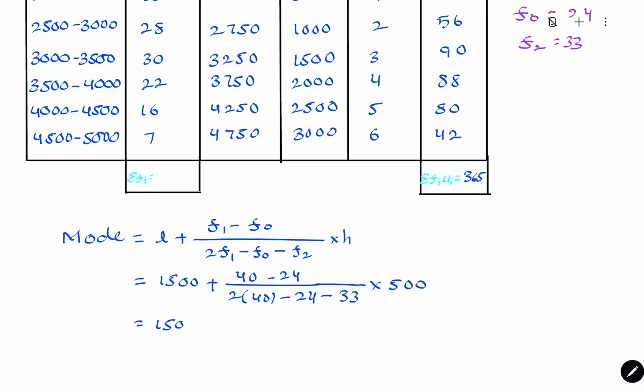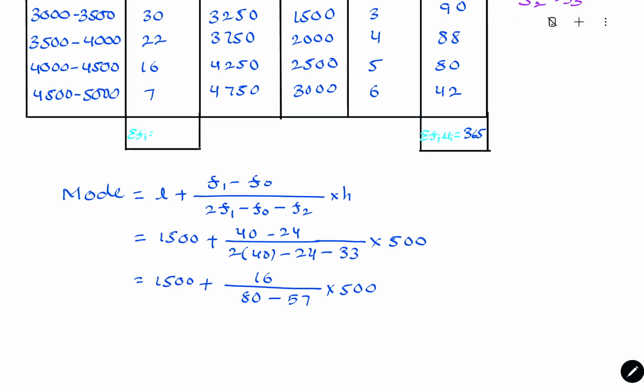Here 1500 plus 40 minus 24 is 16. 2 into 40 is 80, minus 24 minus 33 is 57, into 500.